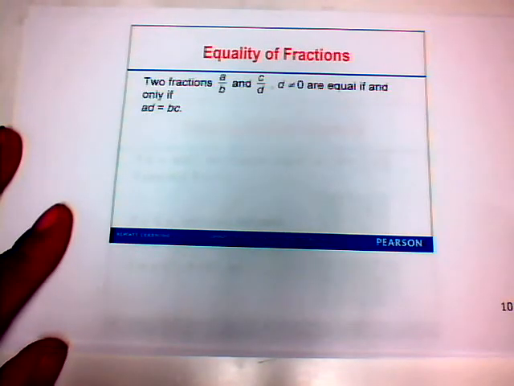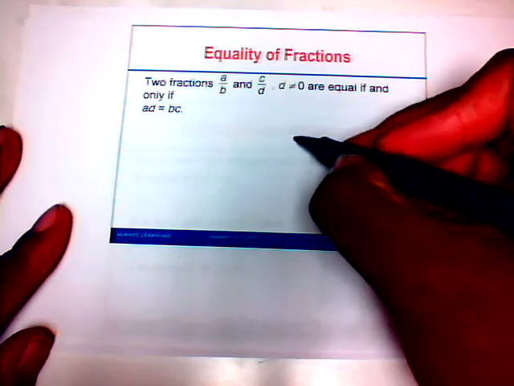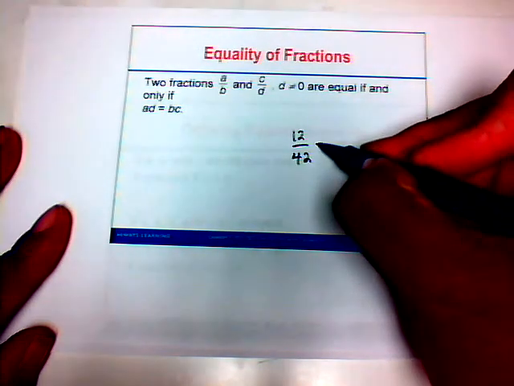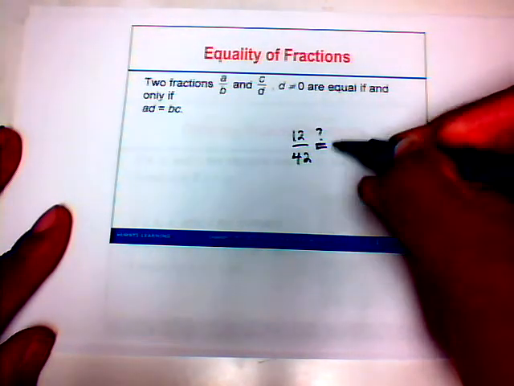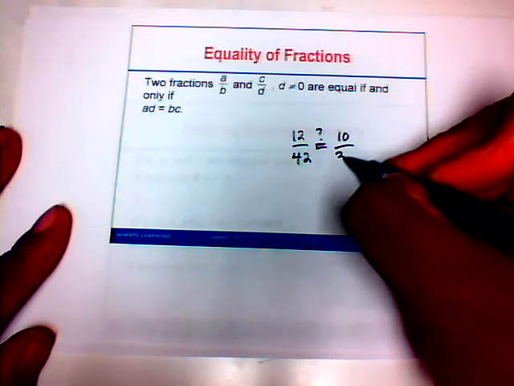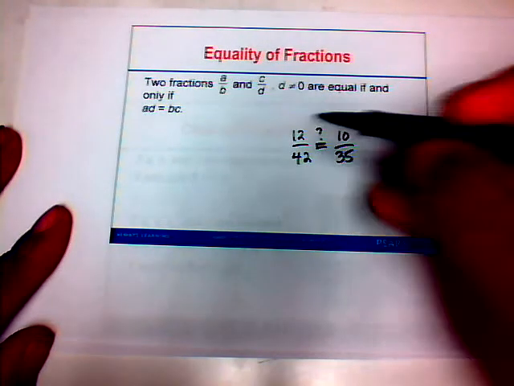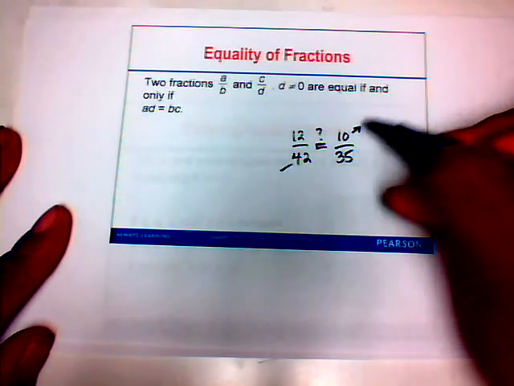So if I go back to that last one, let's say 12 over 42, and I want to know if it's equivalent to 10 over 35, I can use the cross product method by doing 42 times 10.